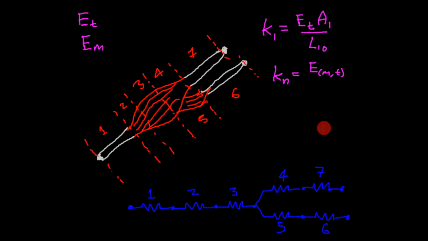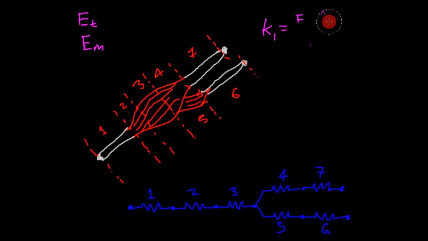So E2 will be E muscle, and E7, 6, and 1 will be E tendon, times the area of the corresponding section, say An, divided by the initial length of that section. So let's say we found the spring constants of the individual sections.